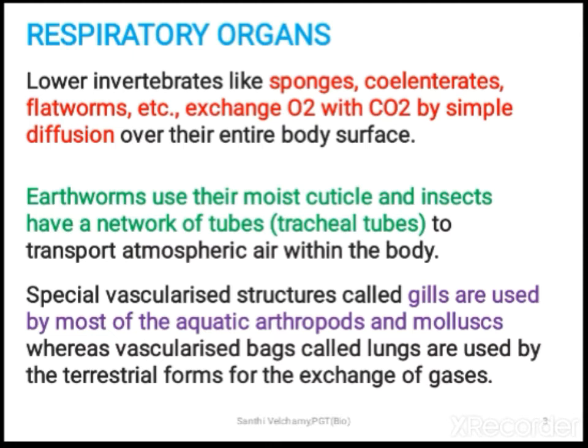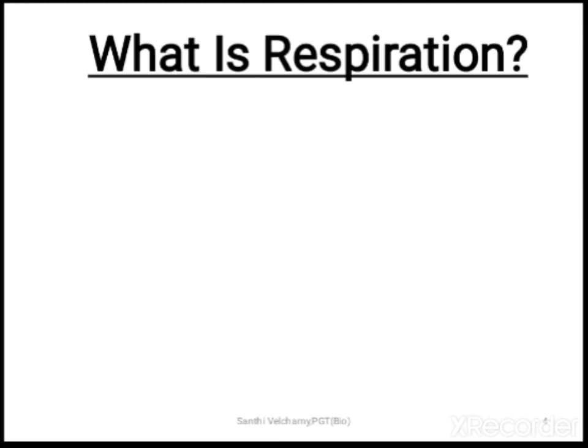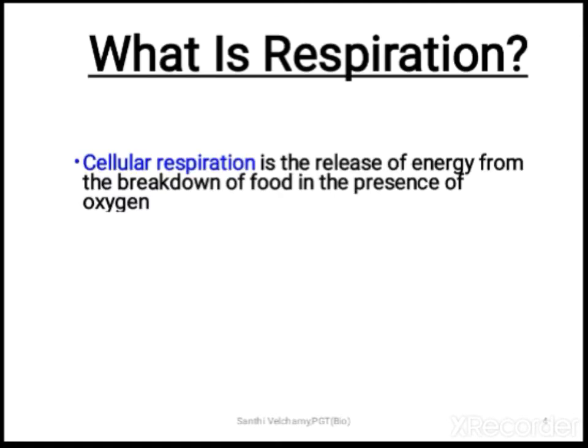Some aquatic arthropods and mollusks have gills, used for exchange of gases. And in highly evolved organisms, vertebrates and all terrestrial forms, they use lungs for exchange of gases.